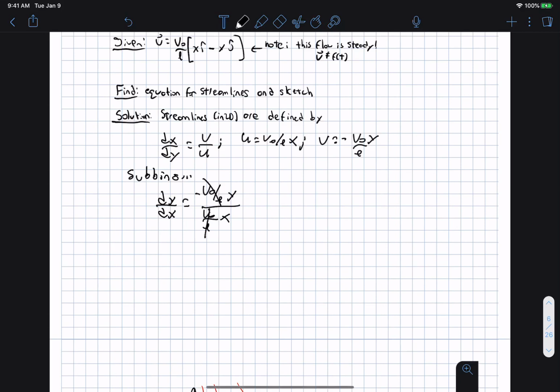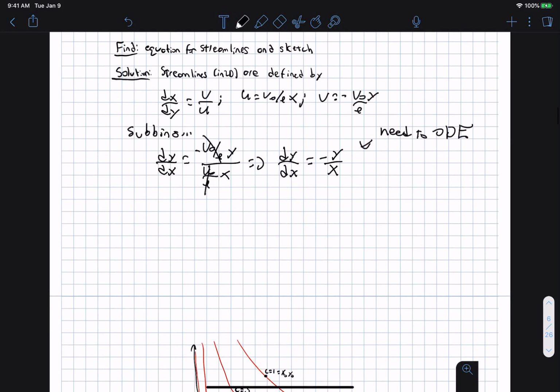The v naughts cancel out, and this just equals dy/dx equals minus y over x. Now we have a nice ordinary differential equation, and we need to solve it. This is a separable first order ODE.